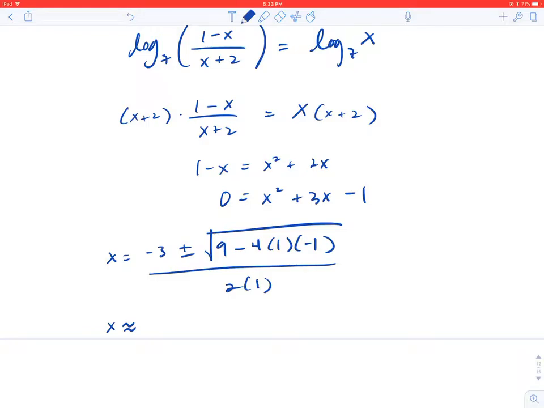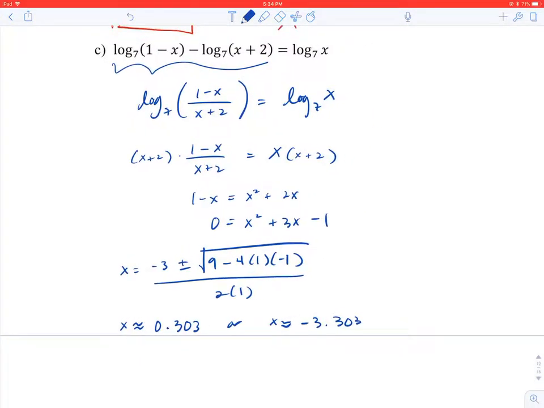So x is approximately 0.303, or x is approximately negative 3.303.